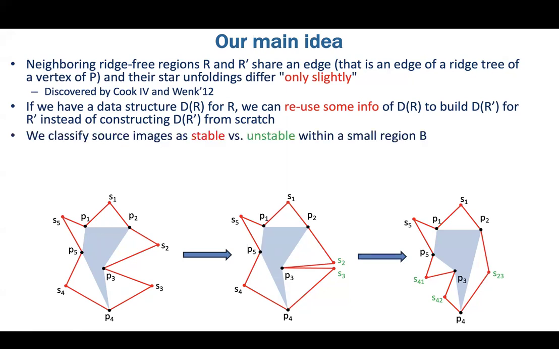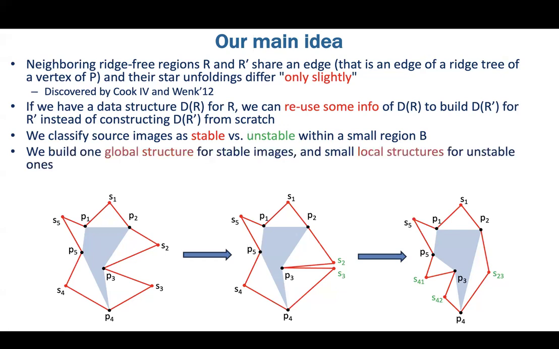To implement this idea, we classify source images as stable and unstable. Like in this example, these two will be unstable, and S1 and S5 are stable. S4 is unstable too. So at most 4 are unstable, but the remaining are stable. We build a global structure for stable images, and a small local structure for unstable ones.